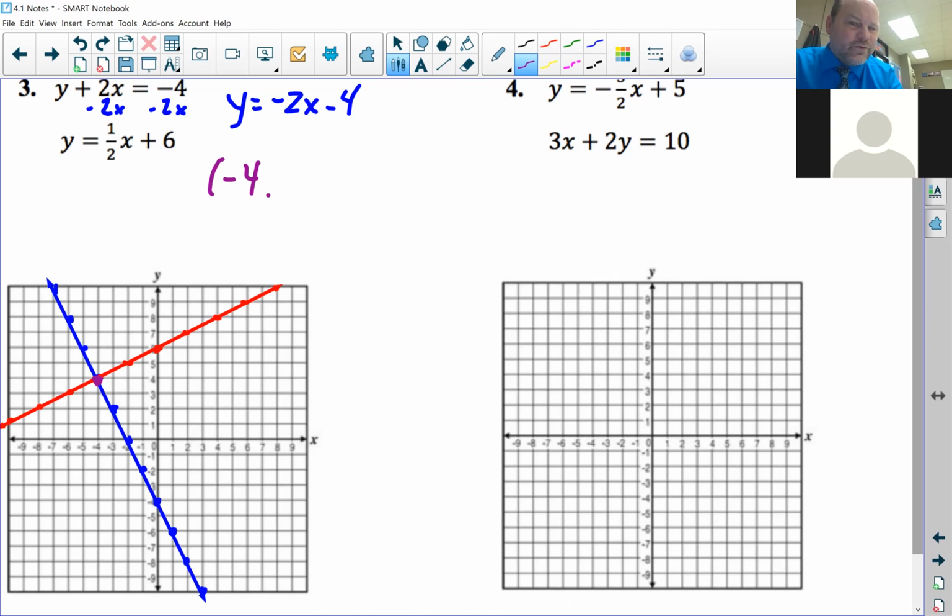And we get -4, 4 for our solution, which I saw from a lot of people for the first system.